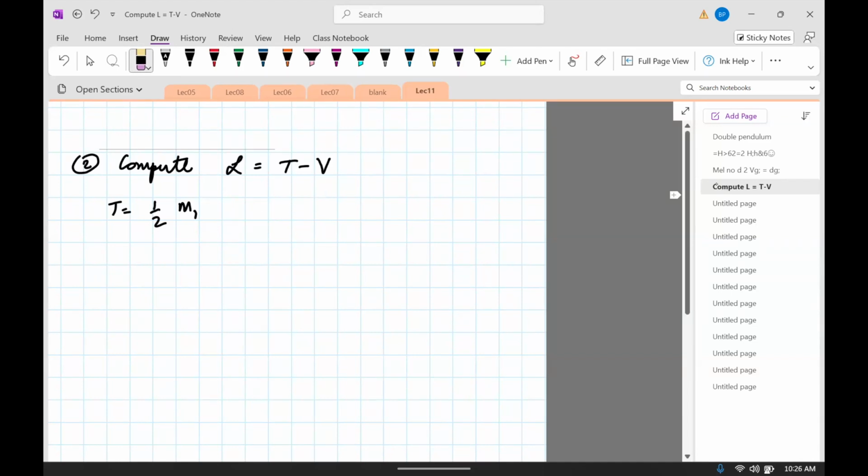We write it like this: Vg1 in frame 0 square plus half m2 Vg2 in frame 0 square plus half I1. Okay, now I have I1 omega 1 square, but omega 1 square is simply theta 1 dot square, plus half I2 theta 2 dot square.